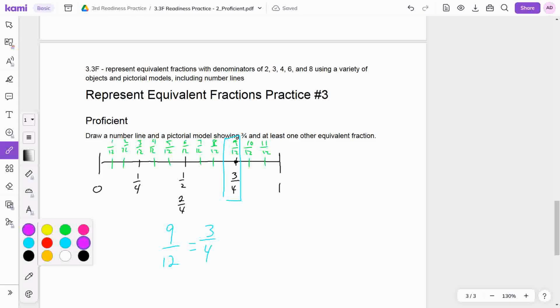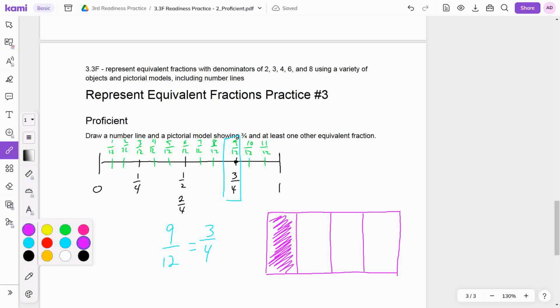All right, so how do I draw that as a pictorial model? Well, let's draw a rectangle. Let's do that. Let's first start with our 3 fourths. So I'm going to do vertical lines here. Okay, so I'm just going to shade this in here. So that's 1 fourth.